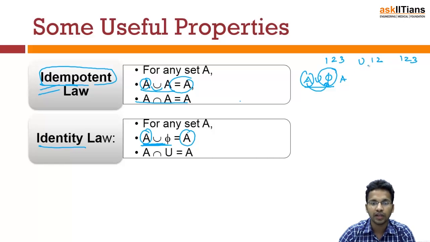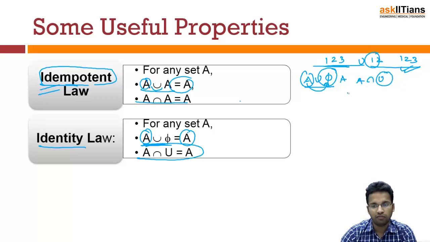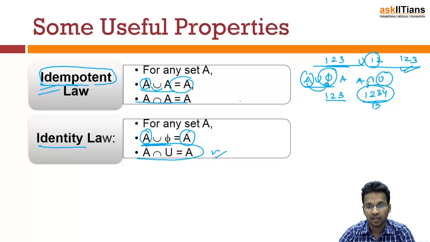But here we are doing it with the most basic set for which this property will be true. Similarly, if we look at intersection, now why universal? Because this is again the most basic commonly used set. Now again, if 1, 2, 3 would have been A and 1, 2, 3, 4 would have been B, then also this property would have been there, but this will be a variable thing, not standardized. When we are using phi and universal set, they are always standardized.